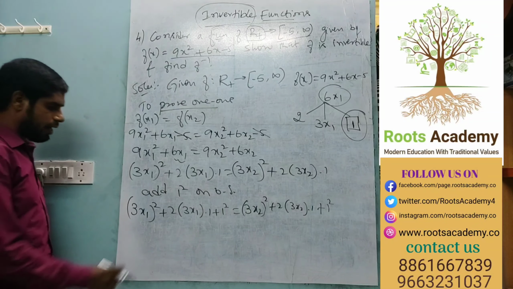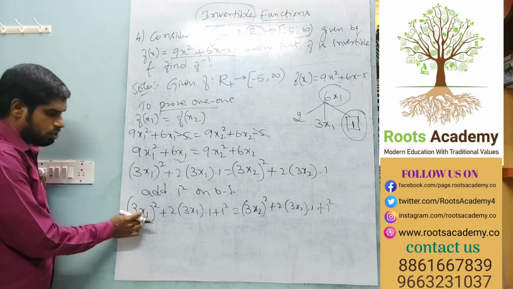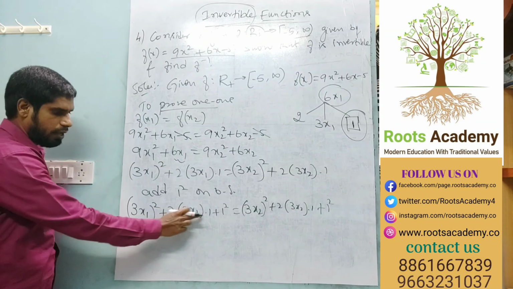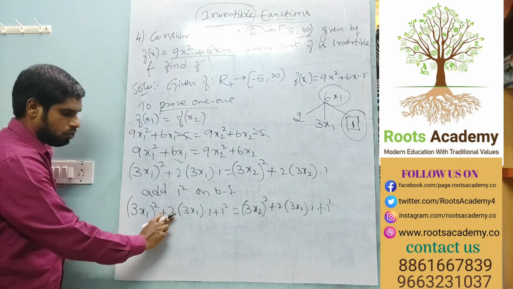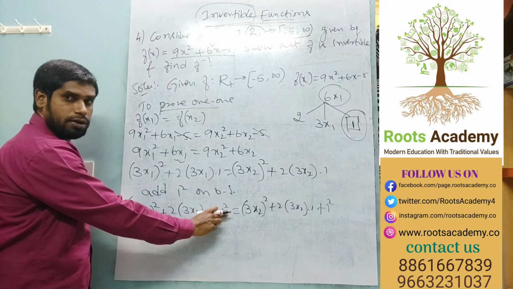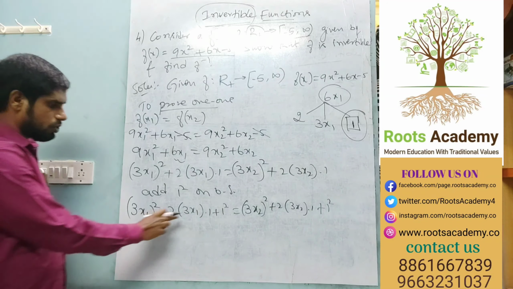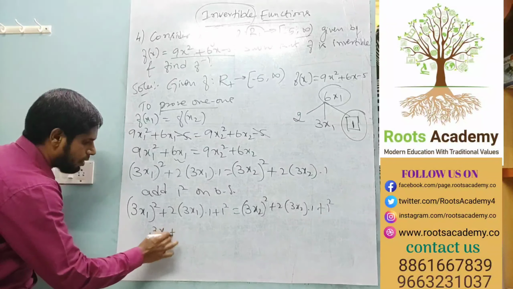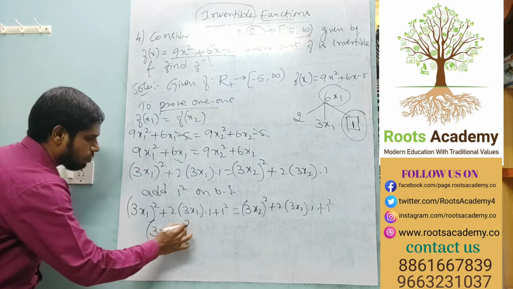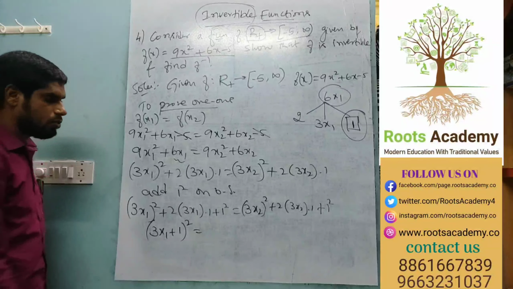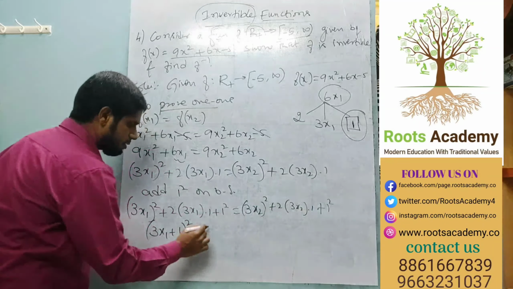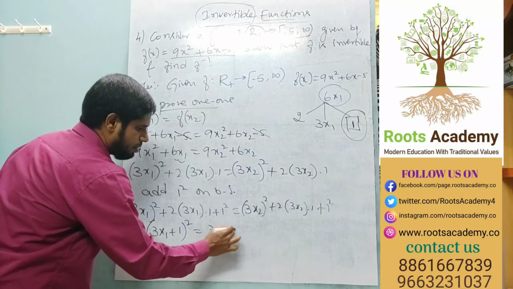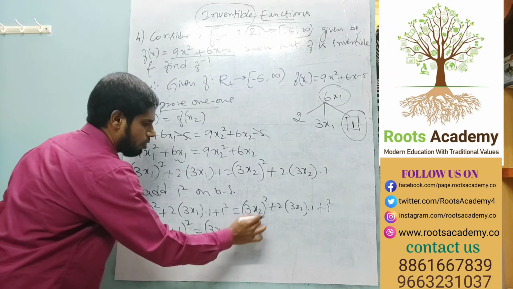Now student, I can read this like a square plus 2ab plus b square, with a as 3x and b as 1, which can be written as a plus b whole square. On the right hand side also the same thing, a plus b whole square.